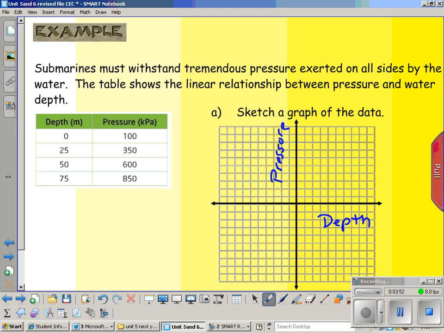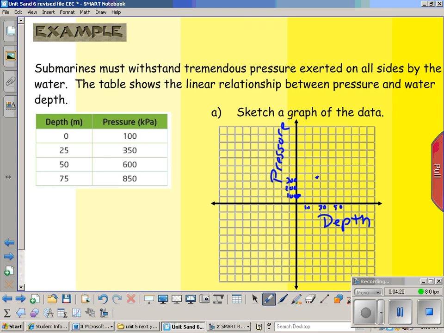We need to go up to 850. So each of these, I believe, we can go up by 100s. 200, 300, etc. So at 0, we are up 100. We could probably here go up by 10s. So at 25, we are going up 350.